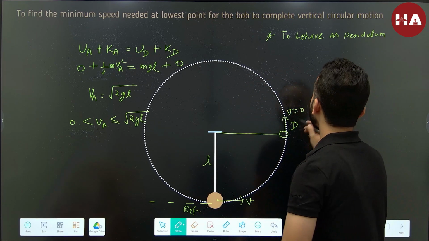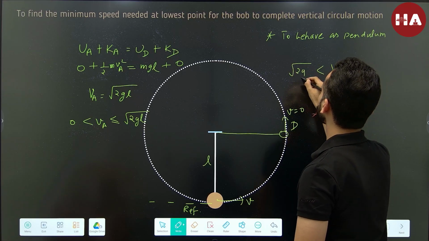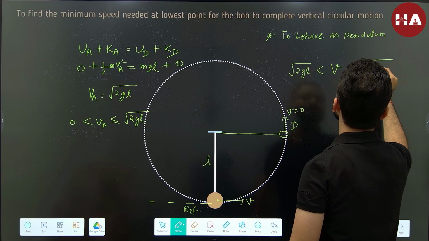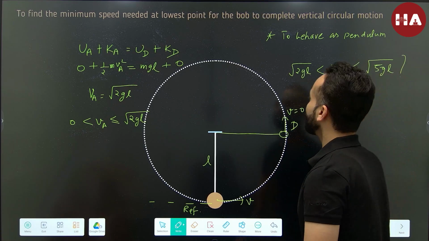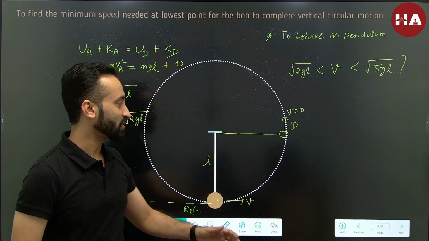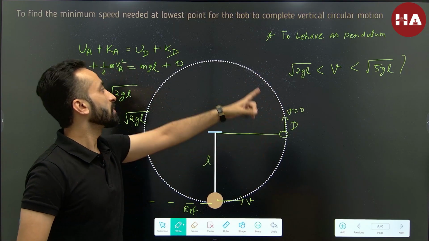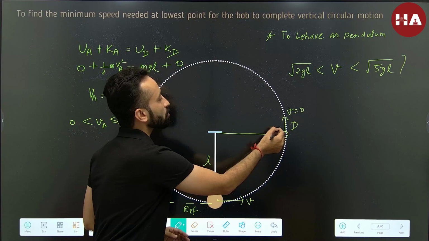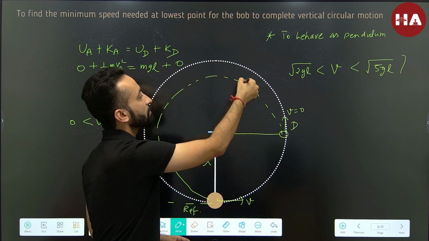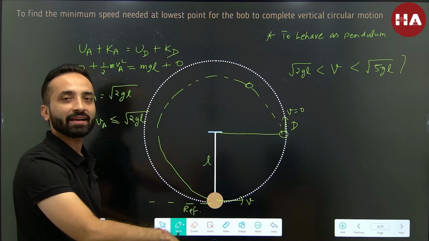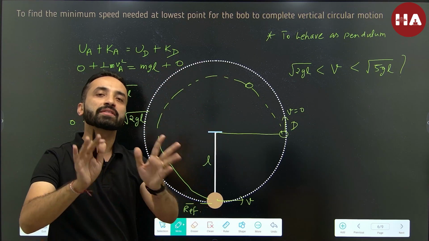But now you must be wondering what's going to happen if V is greater than root 2gL but less than root 5gL, right? So it will go beyond this pendulum behavior, but it won't be able to complete the circular motion also, and the string will slack somewhere and it will return following some other trajectory than the circular motion.